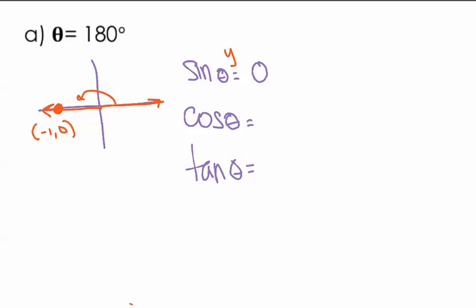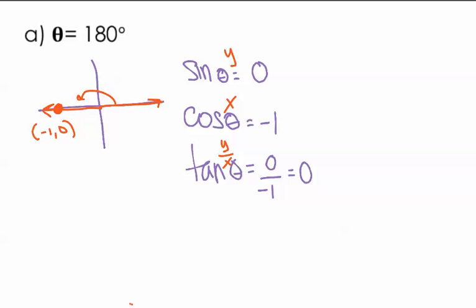And then we know from the previous page that cosine goes with x, and my x value is negative 1. And then my tangent is sine divided by cosine, or y divided by x. Sine is 0 and cosine is negative 1. Well, what is 0 divided by negative 1? Your calculator will tell you it's 0. Hopefully you did that in your head though.